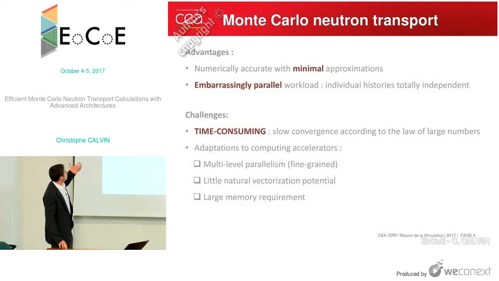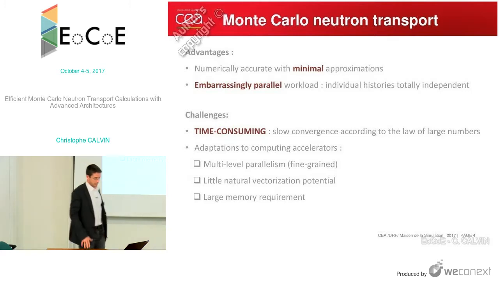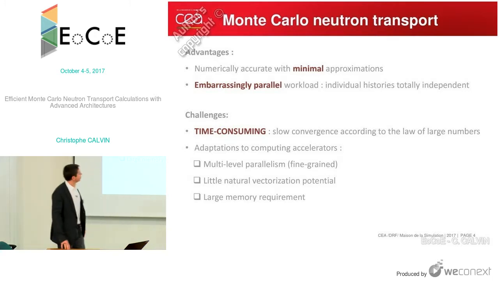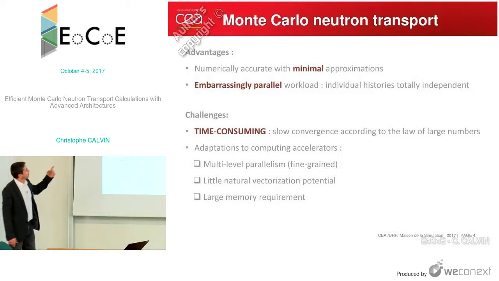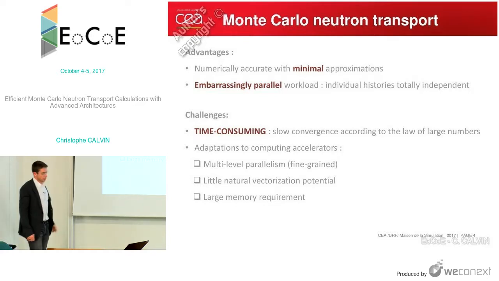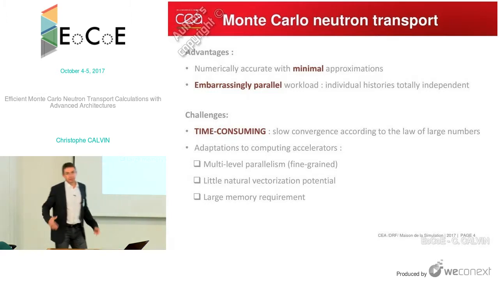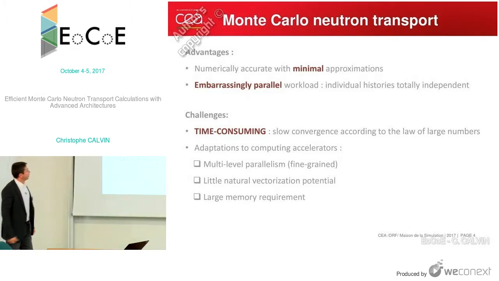It's an embarrassingly parallel workload, since all the particles are quite independent from each other, and individual histories of each particle are totally independent. But the main challenge is that it is very time consuming, because we have to simulate many different particles in order to have a convergence of the system.